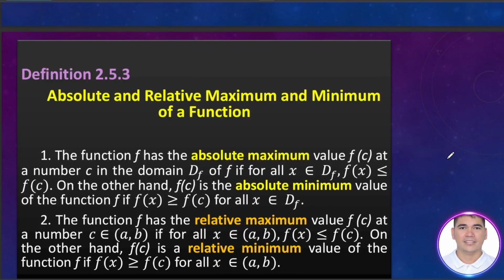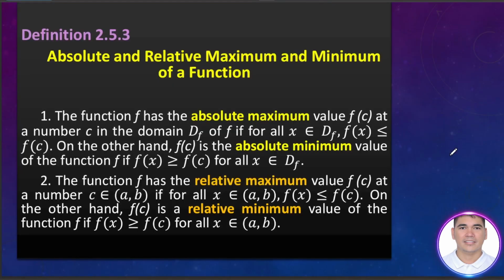Now we have Definition 2.5.3, and it talks about absolute and relative maximum and minimum of a function. Here, the first one: the function f has the absolute maximum value f of c at a number c in the domain D_f of f if for all x an element of D_f, f of x is less than or equal to f of c.